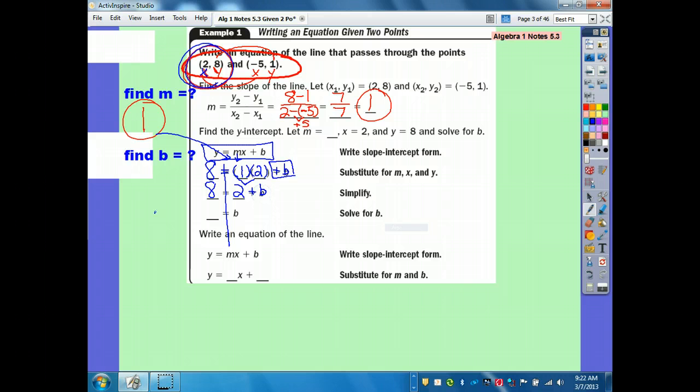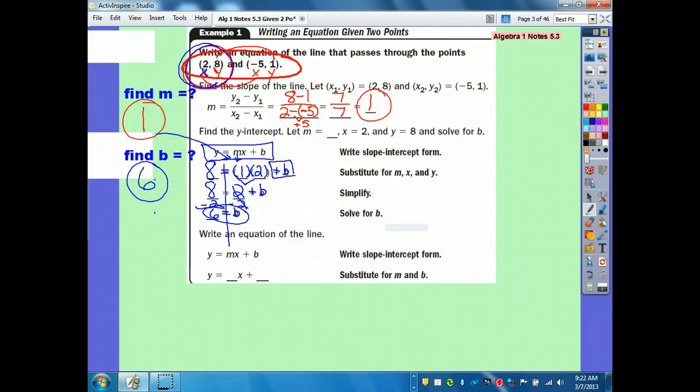Any questions to where I'm at right now? Yep, I'm going to show you the difference. Good question. But first, any questions to where I got to on this step here? All right, so now what do I do when I get to this point? Yep, thank you. Good job. We minus 2 from both sides. And now we have what? 6 equals b. So we've got our b now. My m is 1.